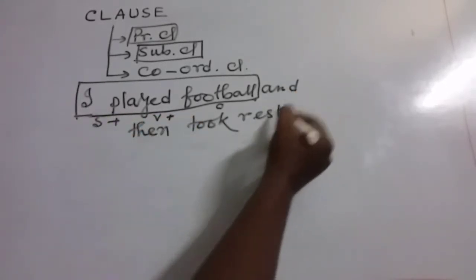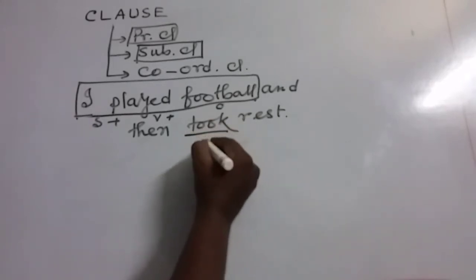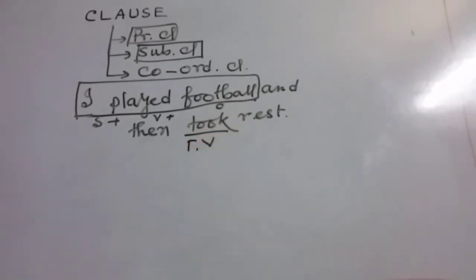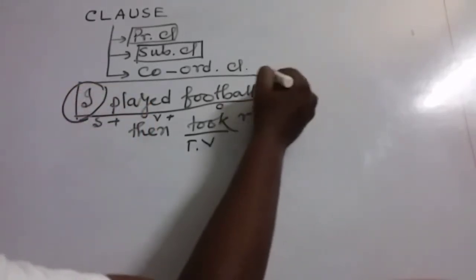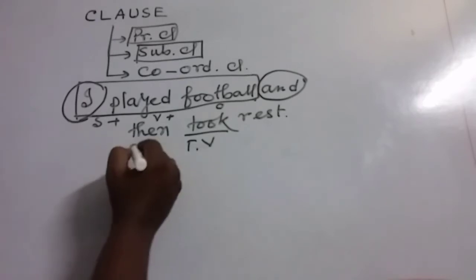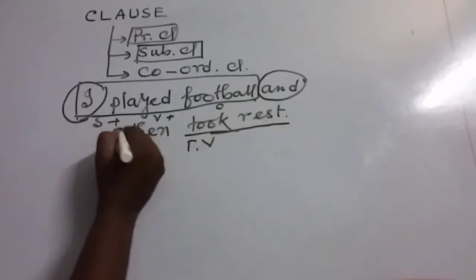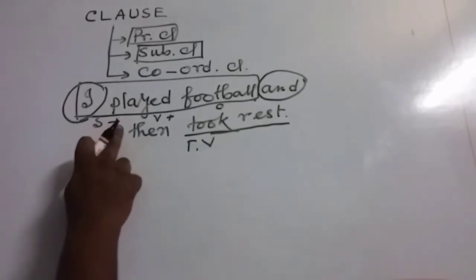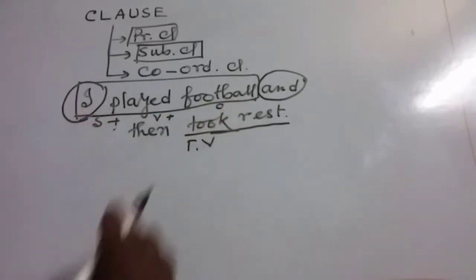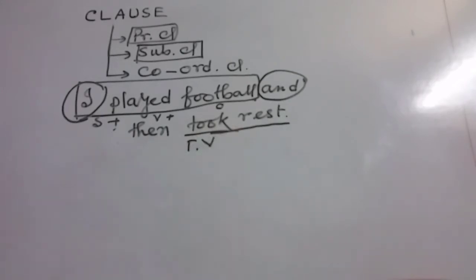And in this part you can see there is the verb. This is also a finite verb and the subject is common for both of these sentences. Here there is a conjunction and after that it is also a sentence. Actually the sentence is I played football, another sentence is I took rest.